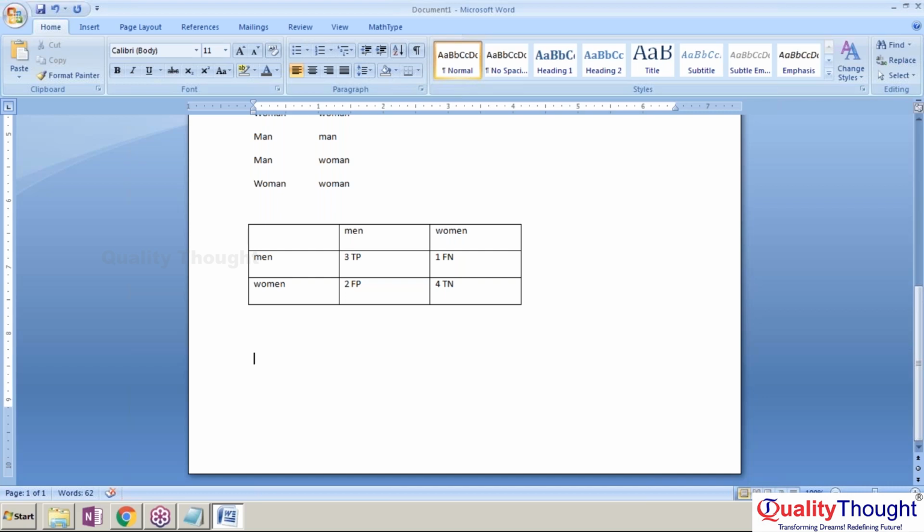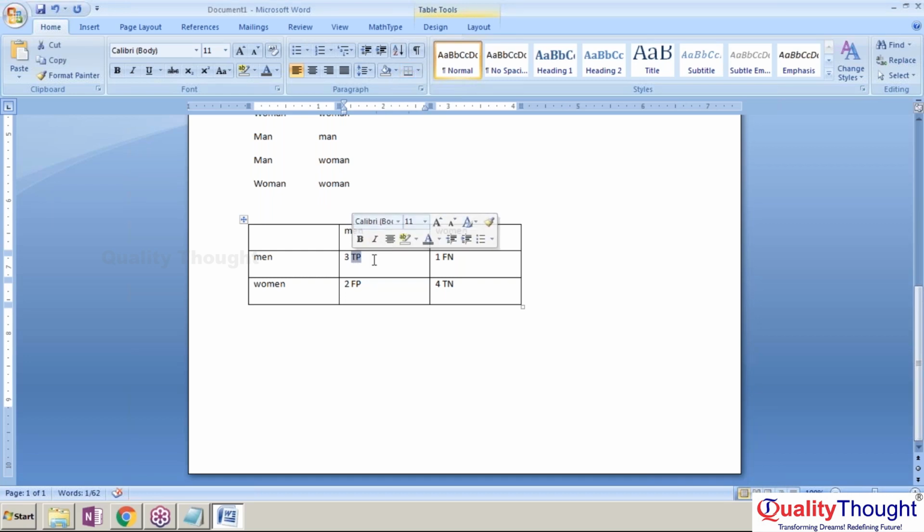Okay. In this layout, I'm representing it the wrong way, I think. Why? Because these are actuals, right?